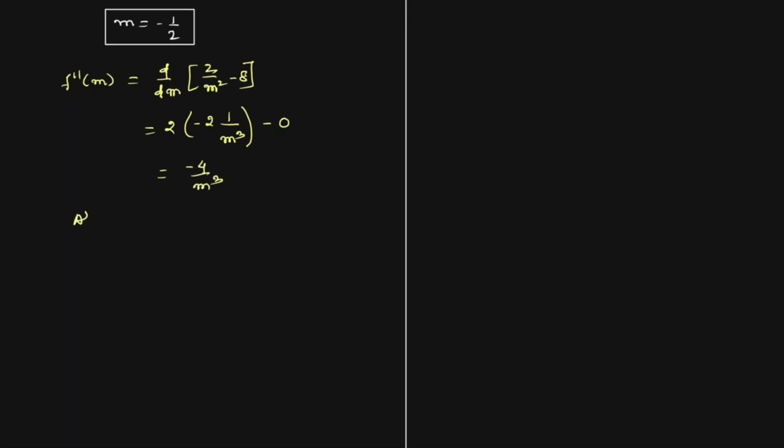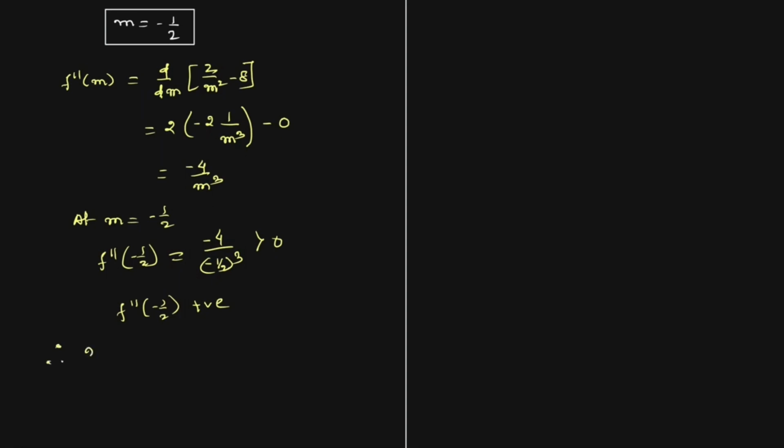So at m equal to minus 1 by 2, f double dash of minus 1 by 2, we will get minus 4 divided by (minus 1 by 2) power 3, which we will get as a positive value. Therefore, f double dash at minus 1 by 2 is positive.